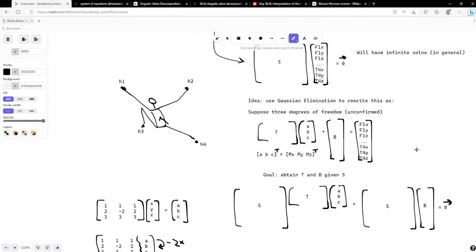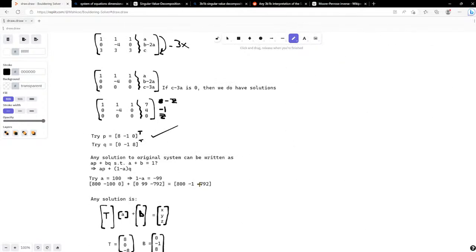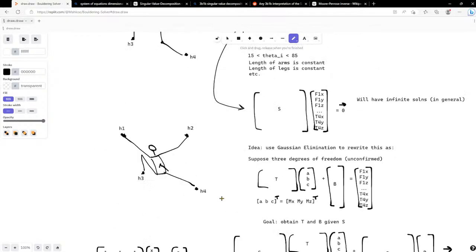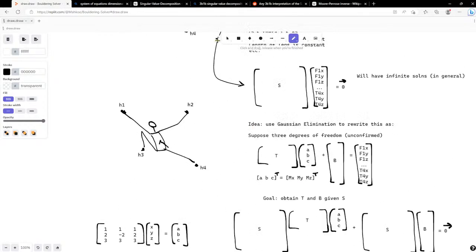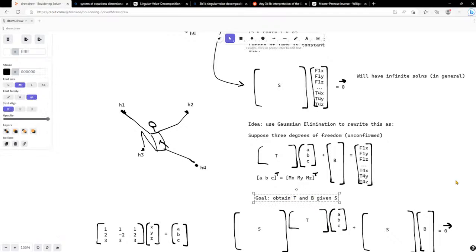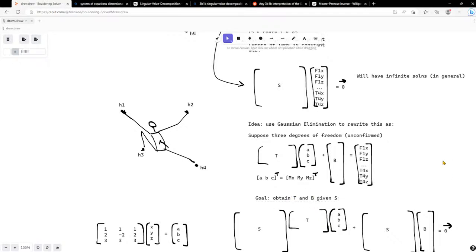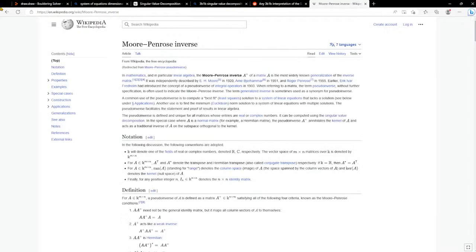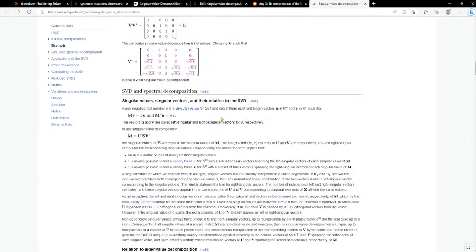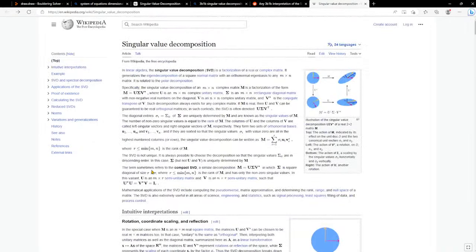So I need to do this, and I don't know how. I have like the vague notion that, or at least earlier, I had the vague notion that Gaussian elimination was the right way to do it. But then there's this singular value decomposition. But I'm a little confused because this is just factoring the matrix.